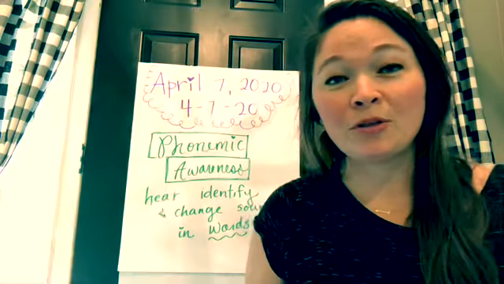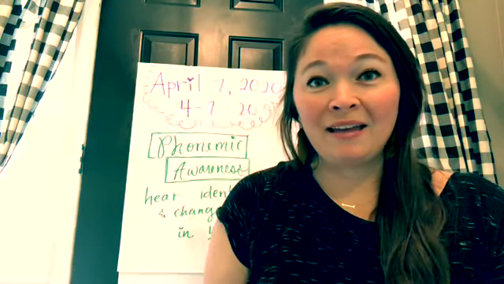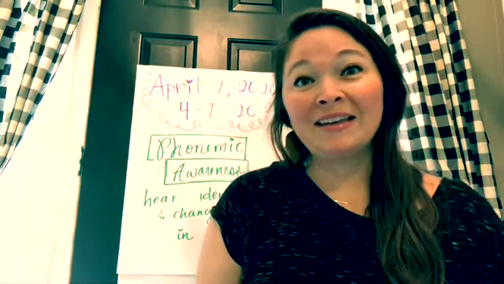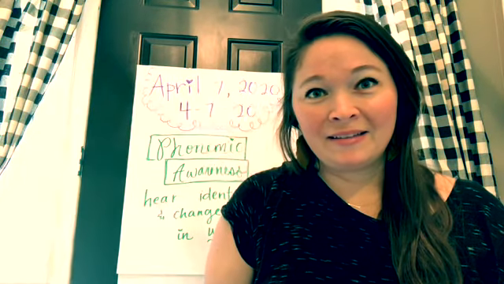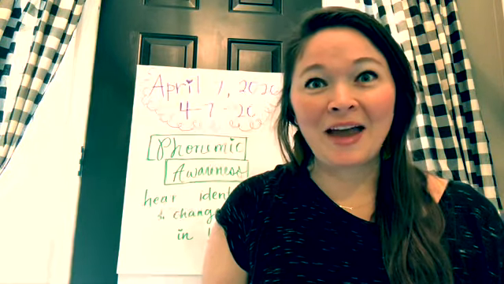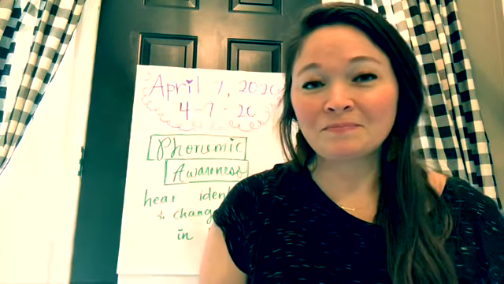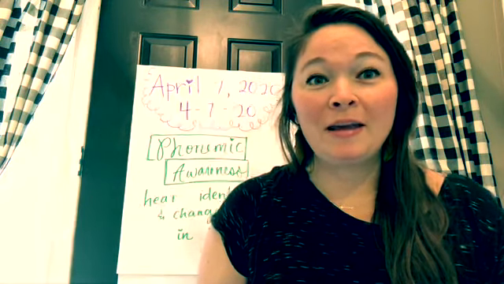April is the 4th month of the year. Okay, the 7 is the day. That means it's the 7th day of April. And what's the 20 mean? Yeah, the 20 is the year. Okay, it's 2020.